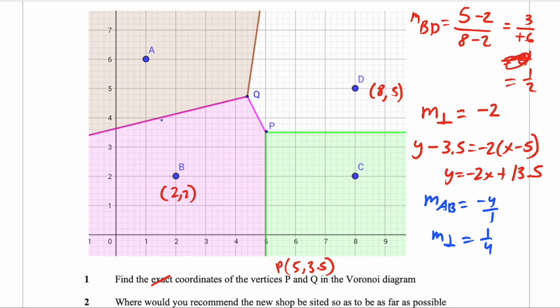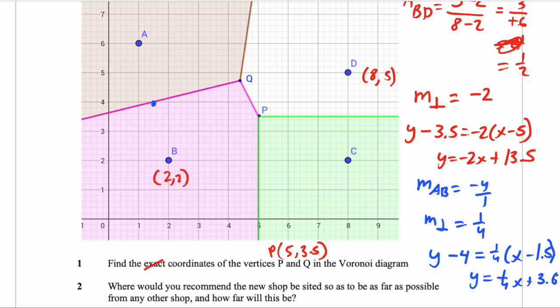The midpoint here is going to have a y value of 4, and the x value is 1.5. So it's y minus 4 equals 1/4 times x minus 1.5. If you rearrange that for y, you get y equals 1/4 x plus 3.625.